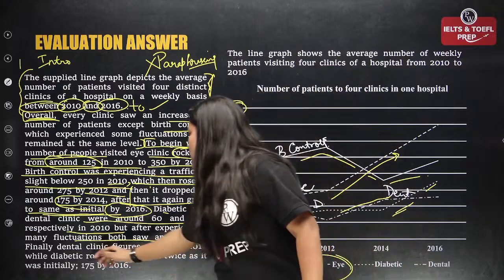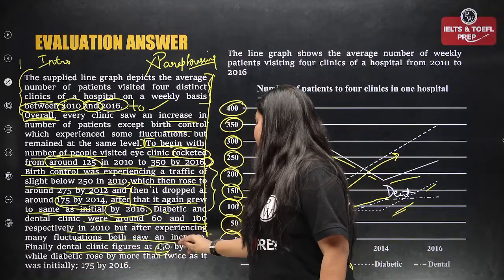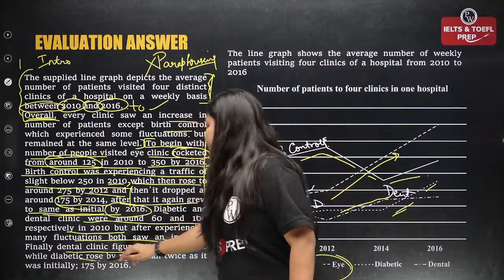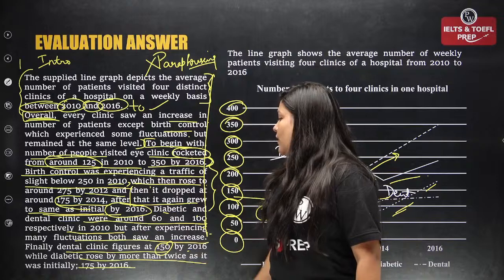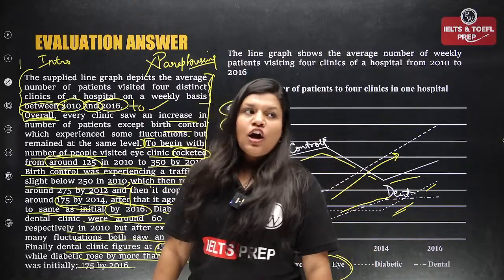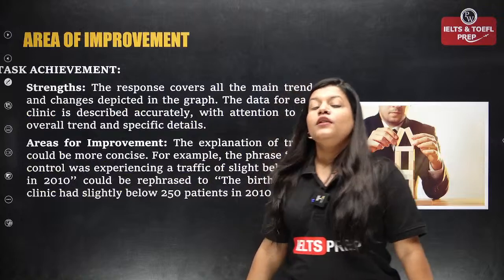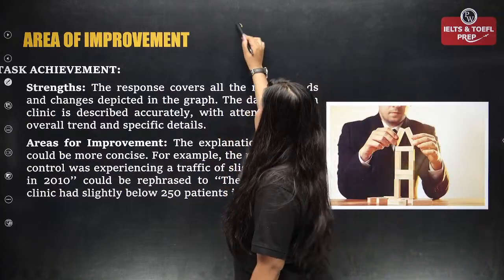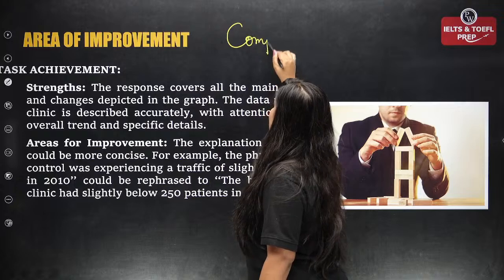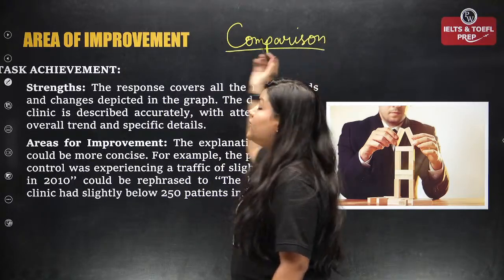Now, finally, dental clinic figures at 150 by 2016, while diabetic rose by more than twice as it was initially, to 175 by 2016. No doubt the student's presentation is very amazing. Okay, the student's presentation is very clear, very amazing, but yes, comparison is lacking. When I say comparison, I don't mean comparison within the data.